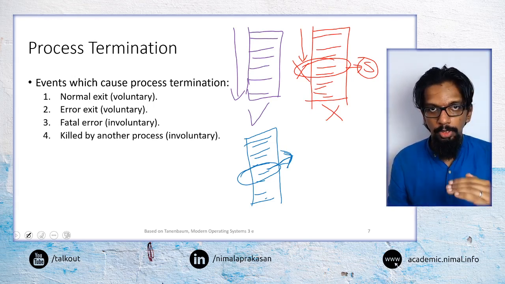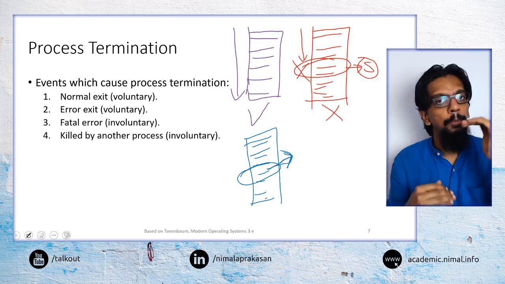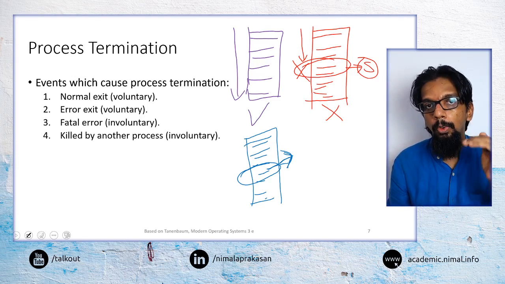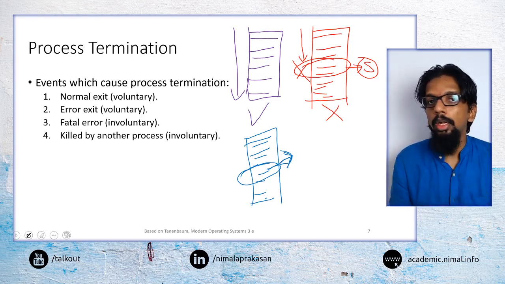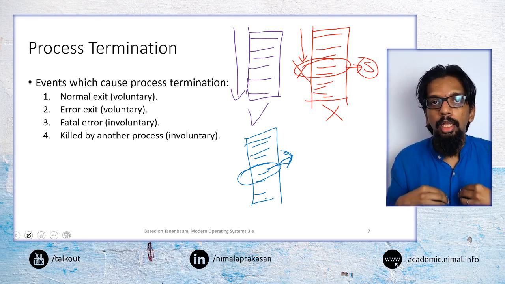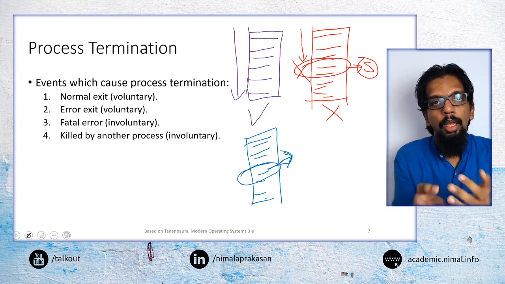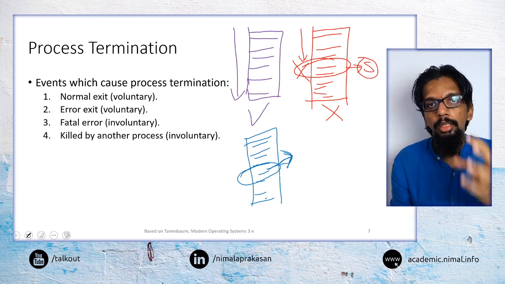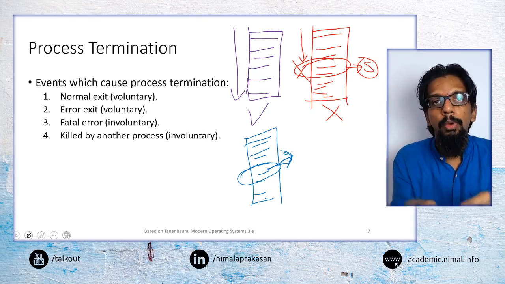So the process is running, it is coming to a problem. When it comes to that problem, the programmer needs to specify what it needs to do. So unless the instructions are given, a program cannot figure out what to do. Anything that a program does, anything a process does, should be explicitly told by the programmer.